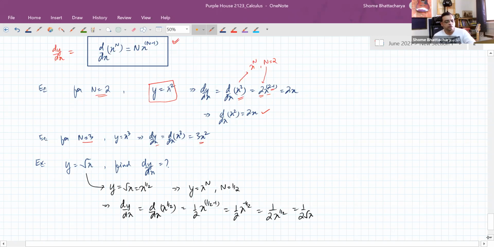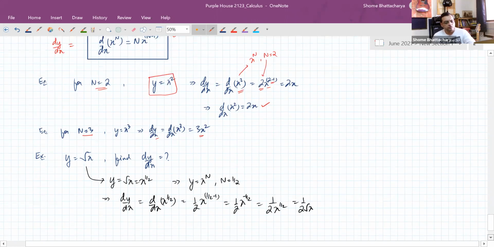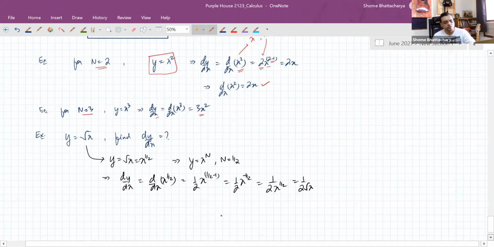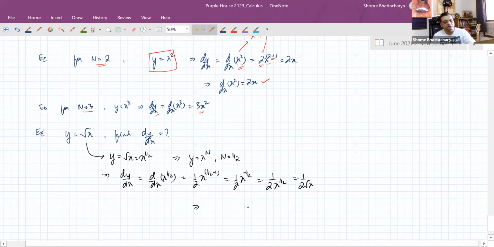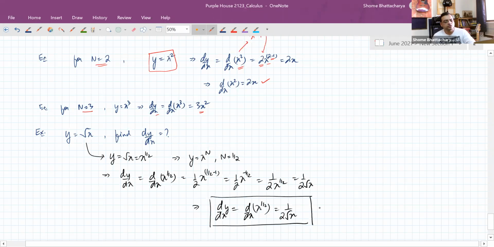Okay. So dy by dx here, which is differentiation of x to the power half, by application of this formula finally comes out to be this. So this becomes our final answer for this question. What is differentiation of the function root x?